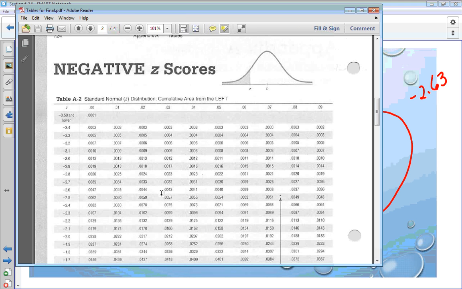When looking at this chart, I can see my area under the curve is 0.0043. Now keep in mind that means the area under the curve from all the way out at the very far end of this tail to where z is negative 2.63 is 0.0043.